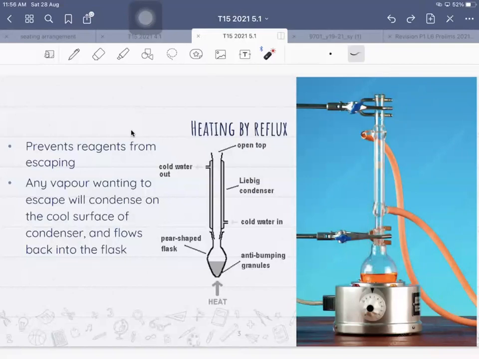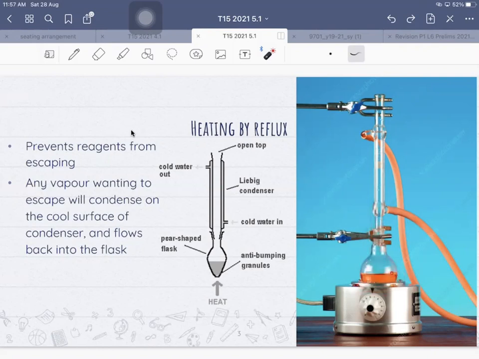So why do we do this? Why don't we want the product to escape? Because we want to wait for the reaction to be complete. We want to make sure that all the halogenoalkanes in this flask are already converted into alcohol. When you form some alcohol, it wants to escape, and it falls back.